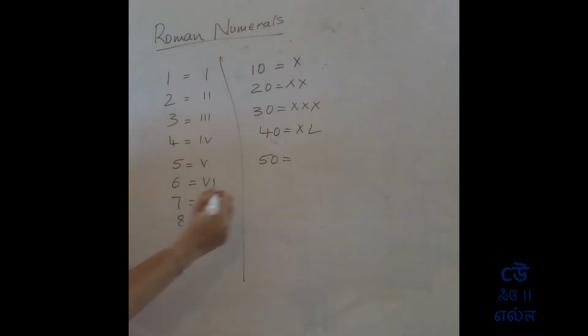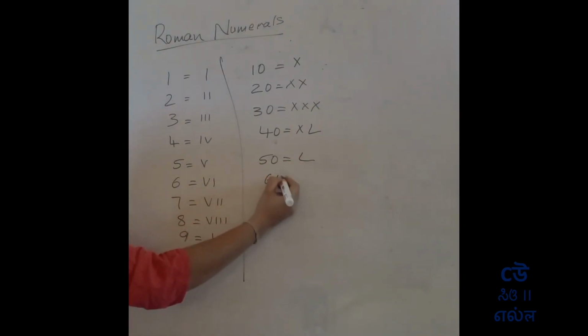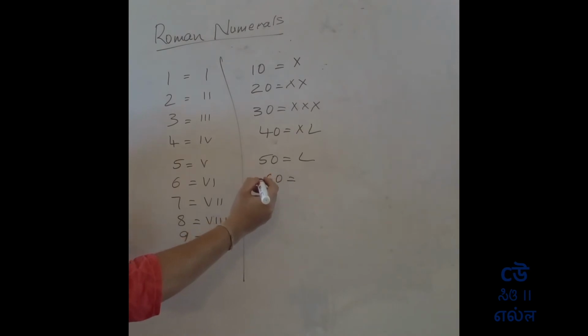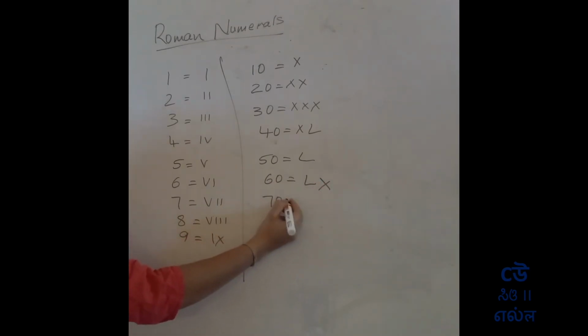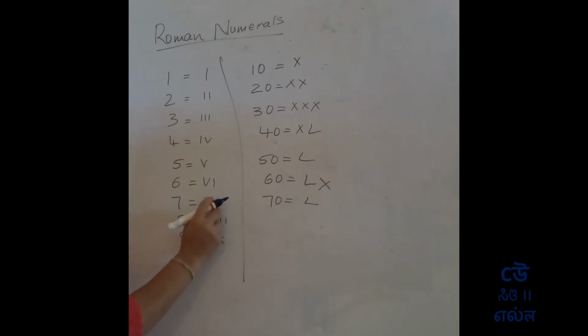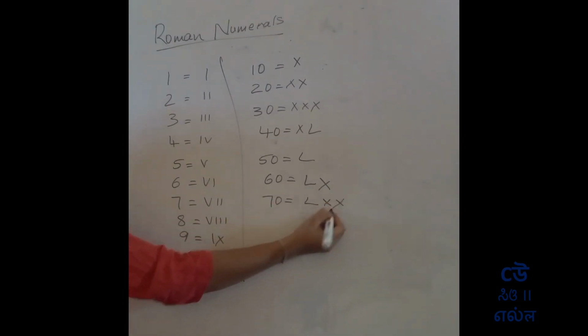Next 50 is represented as L. 60 is represented as, here V is first. V means L. So LX. Next 70. V is first, so L will be first. Next one 1 other, so 2x we have to write.